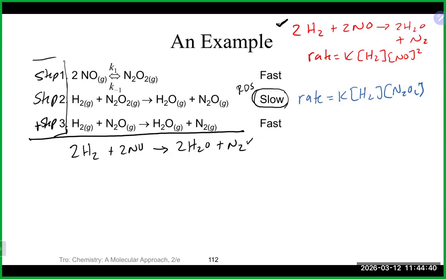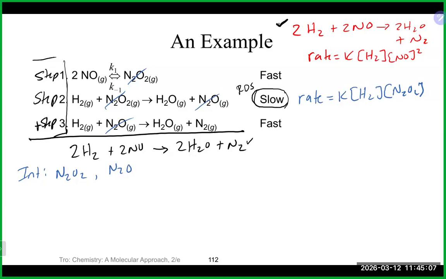And the reason you do not know yet is when we added together all these equations, we canceled out some things, which I guess I shouldn't erase too soon. Let's cancel out that, and we cancel out that. In this particular reaction, what are our intermediates? Our intermediates are N2O2 and N2O. Those are our 2 intermediates in this reaction.